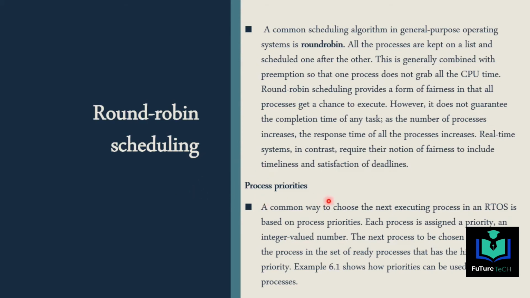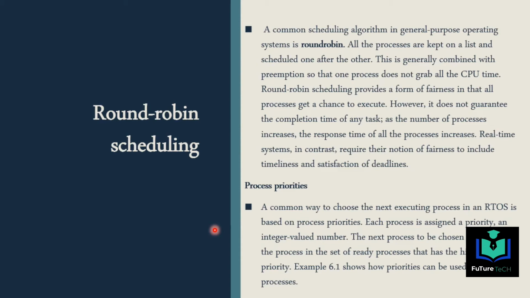So let's see about process priorities. A common way to choose the next process to schedule in an RTOS, a real-time operating system, is based upon process priorities. Here also the main thing they implement is process priorities. Each process is assigned a priority, an integer value.